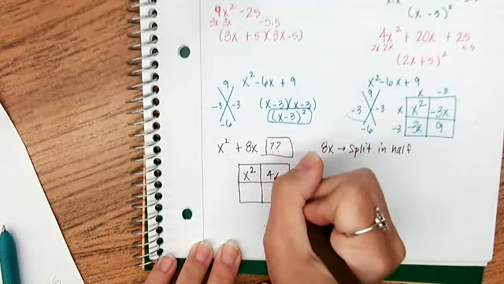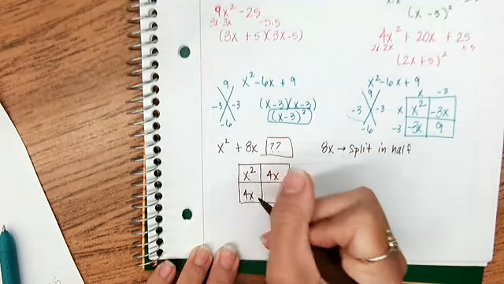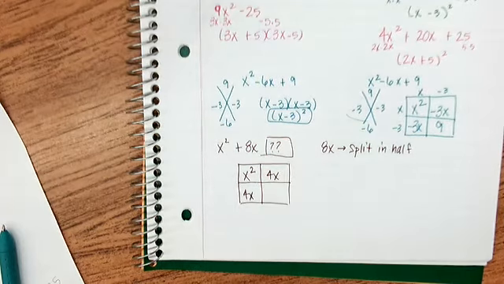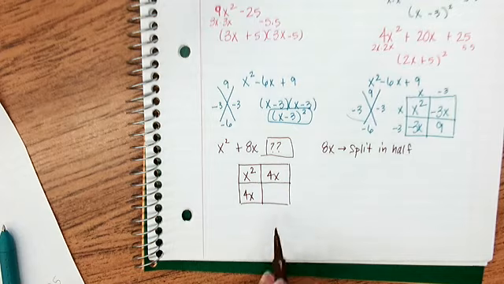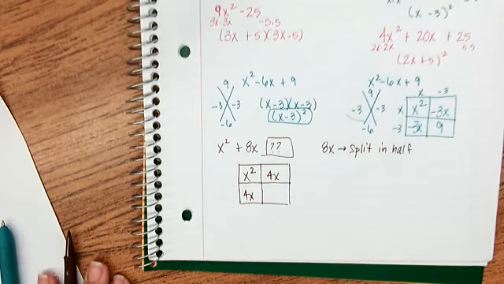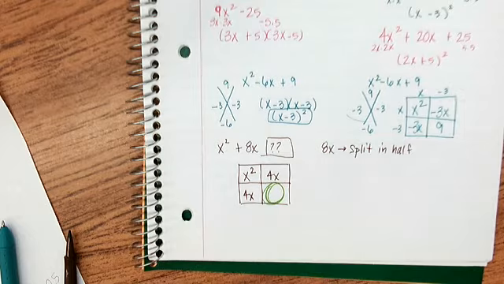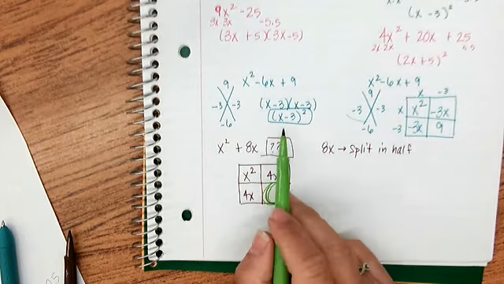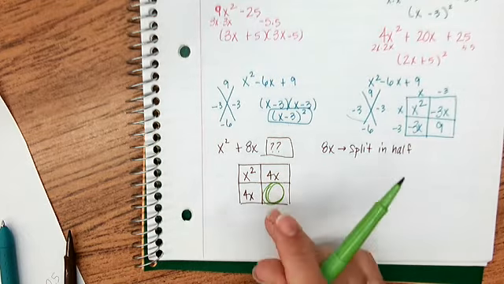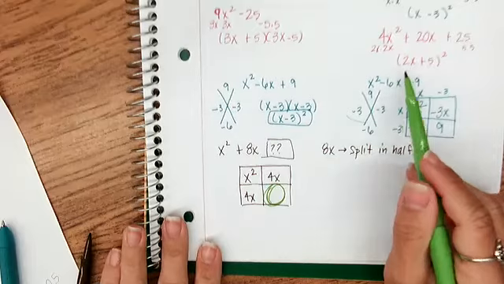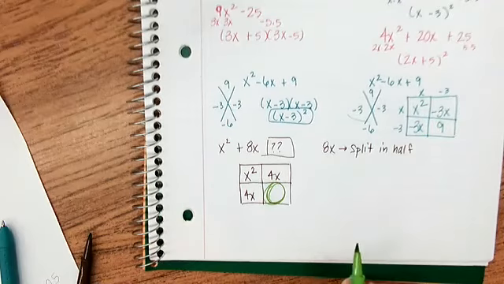That's going to be 4x and 4x. Half of 8x is 4x. So now the big question is, what should go here to make this so that it factors nicely as maybe x minus 3 quantity squared or 2x plus 5 quantity squared?